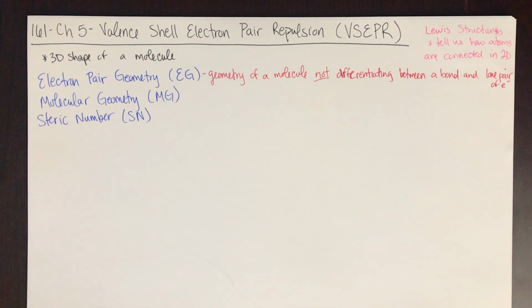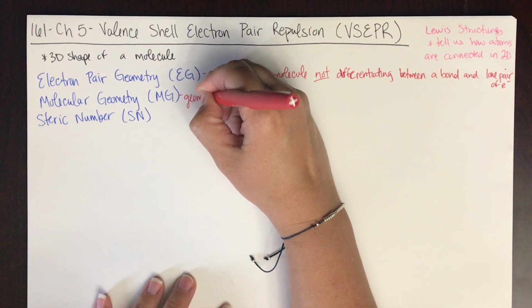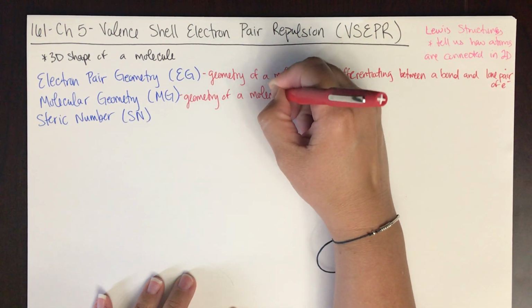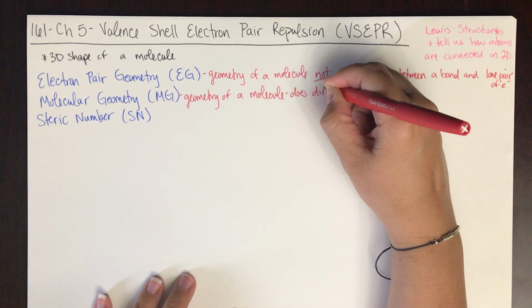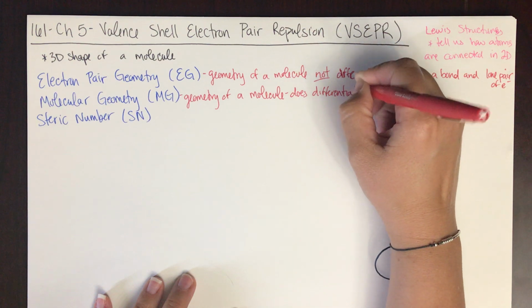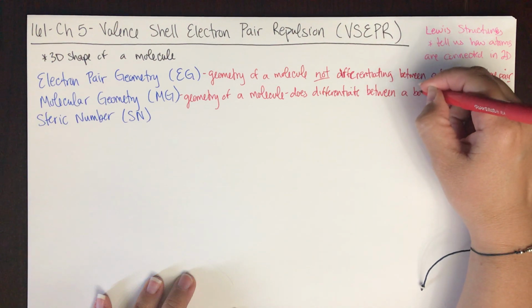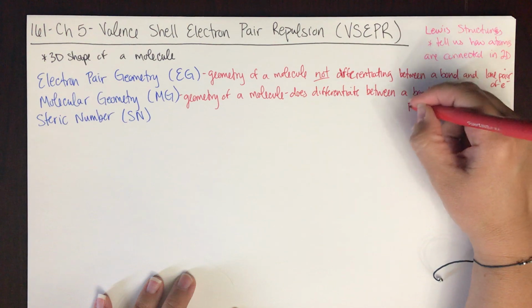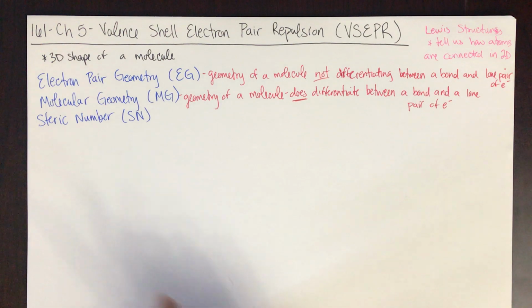The molecular geometry gives us the geometry of a molecule. It does differentiate between a bond and a lone pair of electrons.